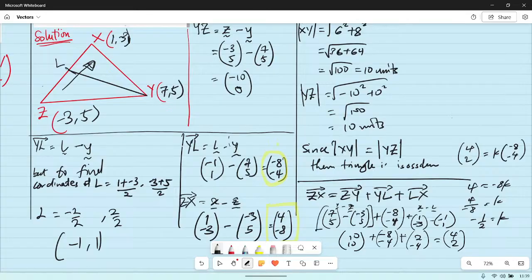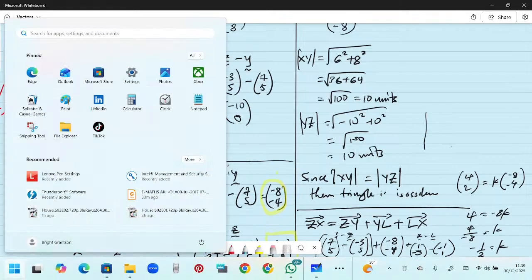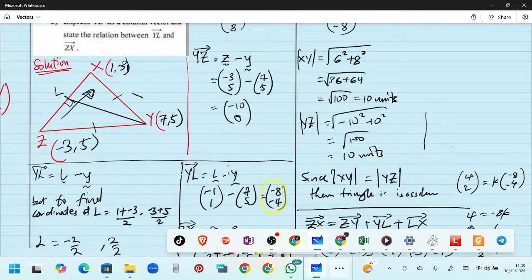XY is an isosceles triangle, YZ is also an isosceles triangle, right? And this is the midpoint. It's likely this will be perpendicular. Because we've not done anything with perpendicular, that's why I thought it would not be.